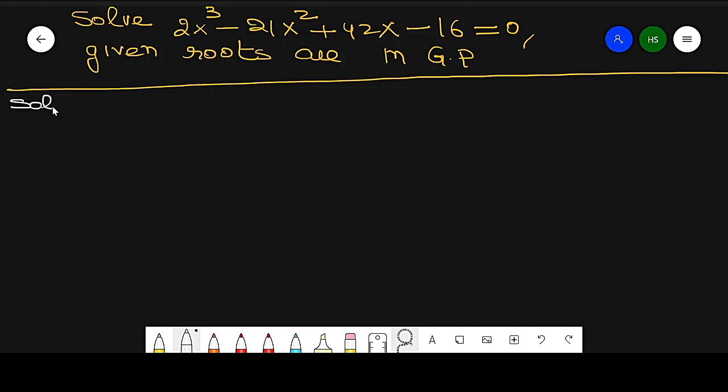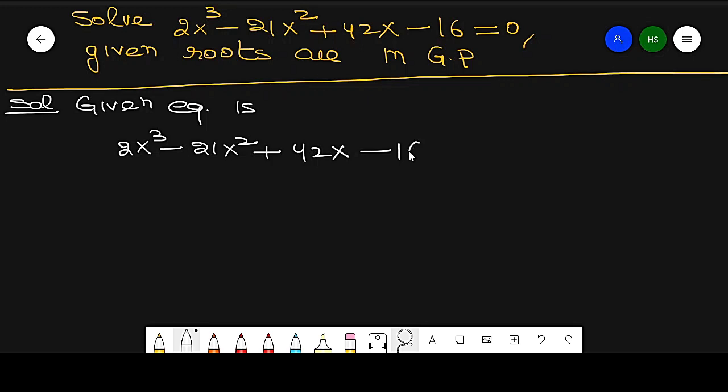Solution. The given equation is 2x cube minus 21x square plus 42x minus 16 equal to 0. So this is equation number 1.